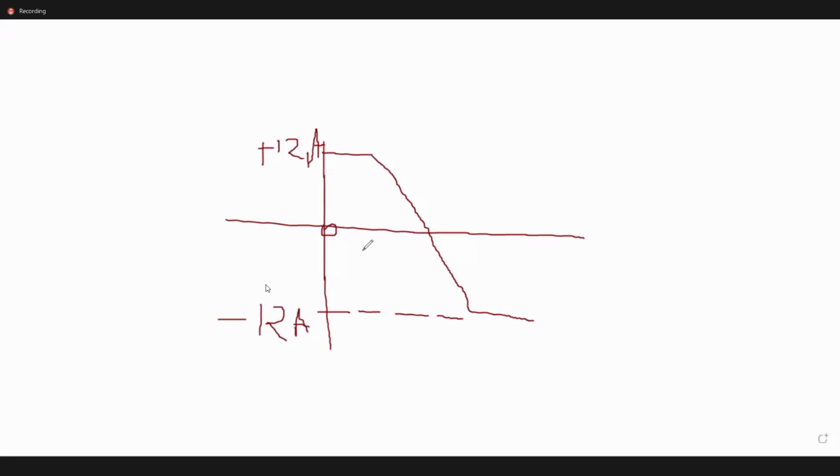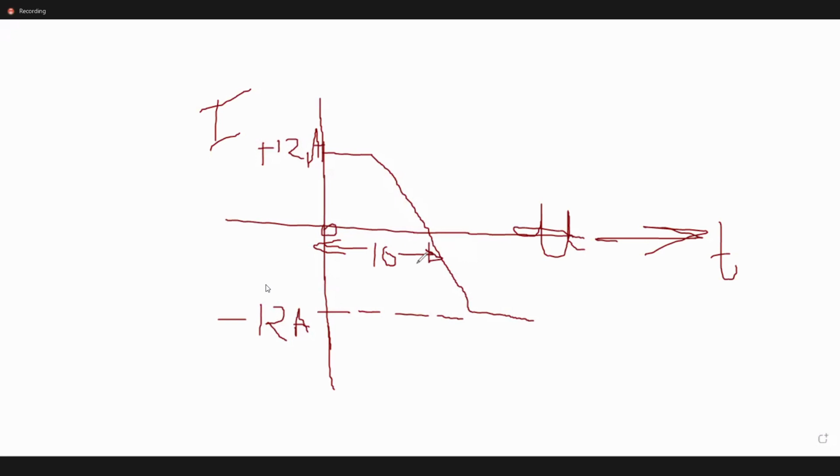On the y-axis is current I, and on the x-axis is time t, and this interval is dt. And these are 10 seconds.